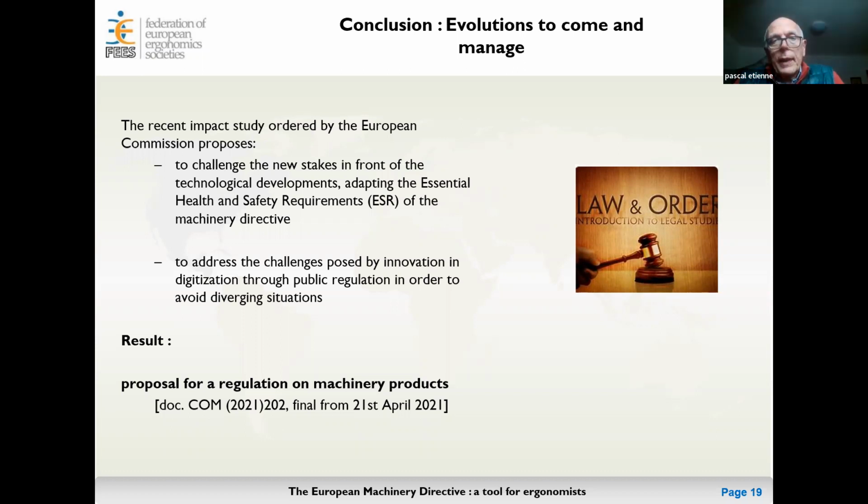Concerning the challenges posed by innovation, it is more difficult, because there was an intention from the European Commission to make a clear link between the regulation on artificial intelligence, which is separate but concerns the machinery field, and the machinery regulation. The intention at the beginning to have a clear link between the two regulations under discussion failed, because the artificial intelligence regulation seems to be too complicated or too questionable to be completely in line for the time being with the machinery regulation.